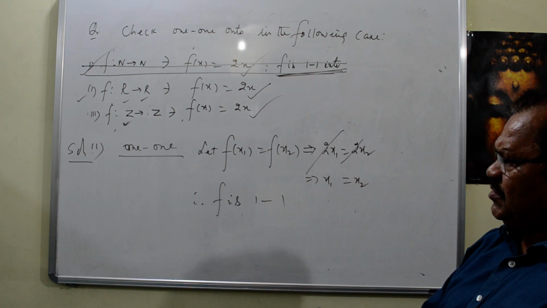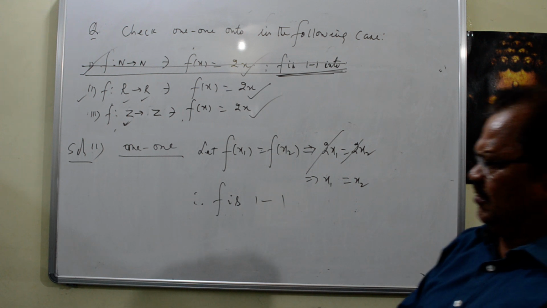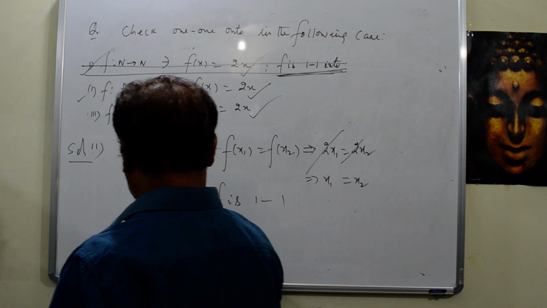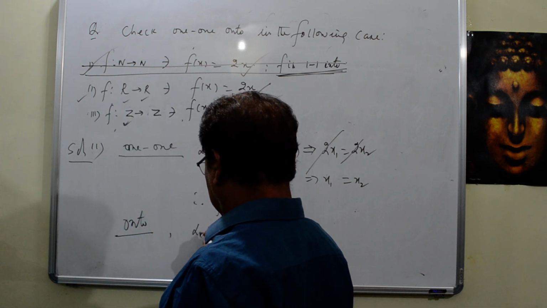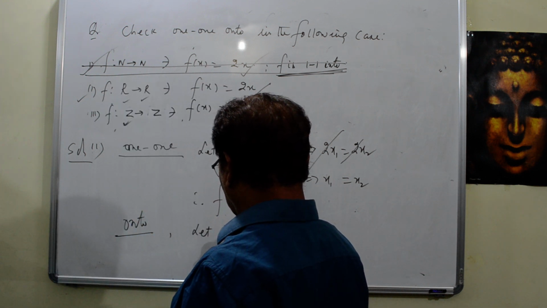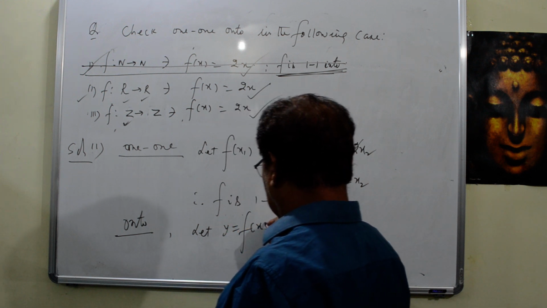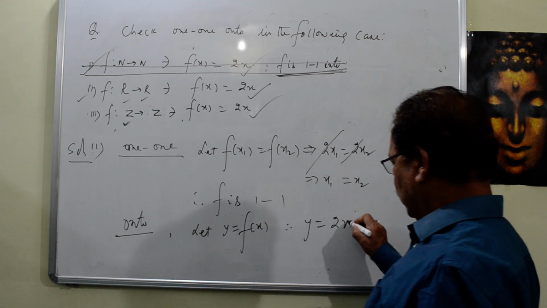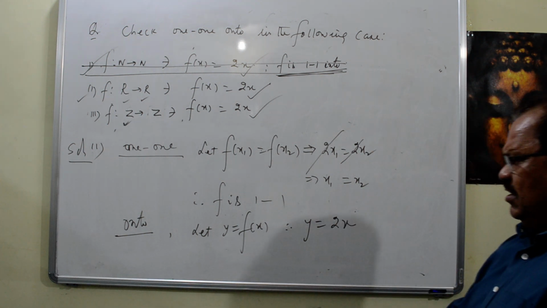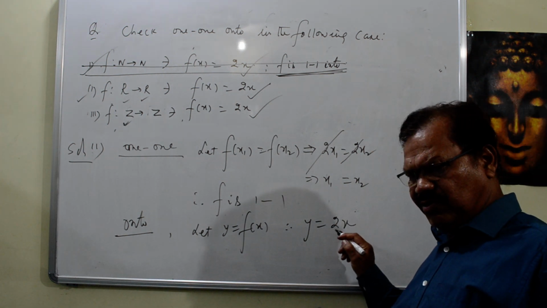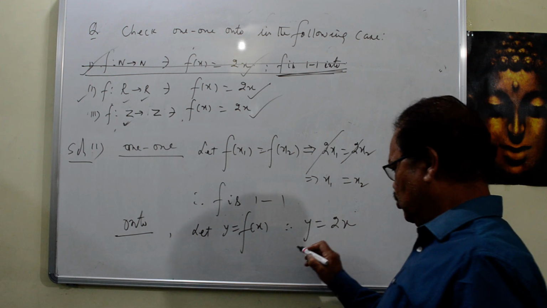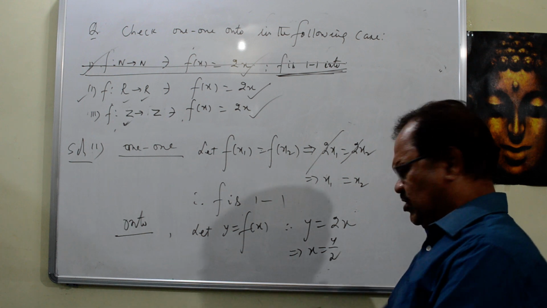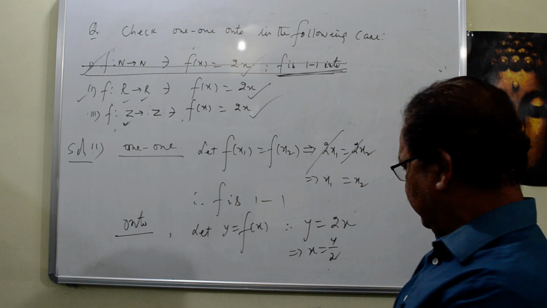Now, let us take the second part, onto. For onto, I have already made clear that let y equal f(x). Therefore, y is equal to 2x. Now, transfer x in terms of y. Just mind it, you have to transfer x in terms of y. So what is x here? x is equal to y by 2. Since x is y by 2, what will you find?